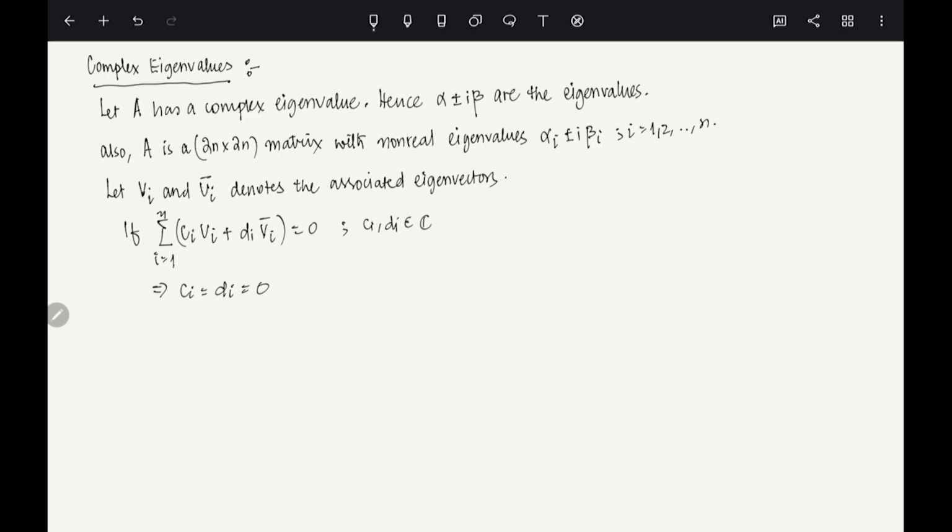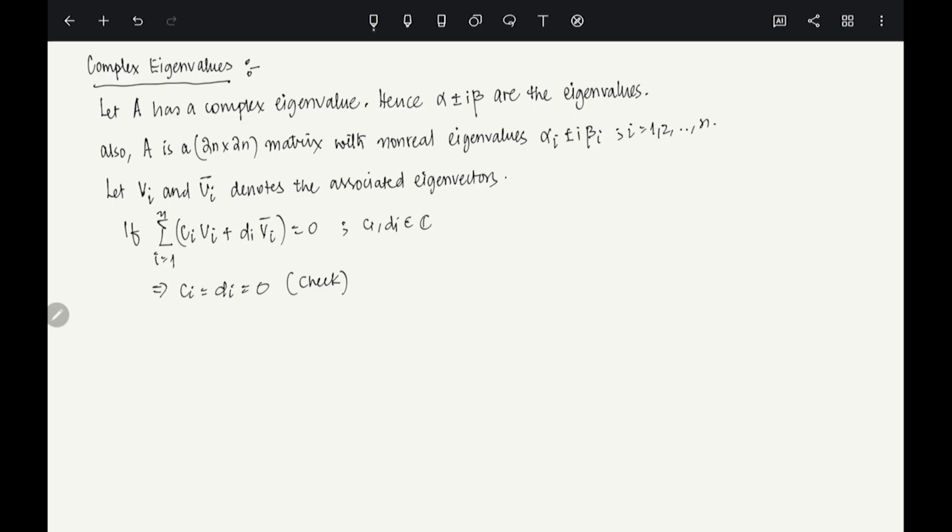So I am not doing this thing; it's better you check this part. What I am saying is this: Vi is alpha plus i beta, Vi bar is alpha minus i beta. So you just separate the real and imaginary parts, and then you can see that this is true.